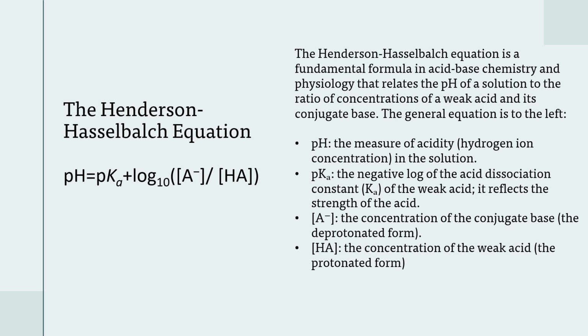So it is just a way of relating the pH of a solution, which in this case, of course, is represented by pH here, relating the pH of the solution to the ratio of bicarbonate and carbonic acid or partial pressure of carbon dioxide. That's basically what that Henderson-Hasselbalch equation really means.